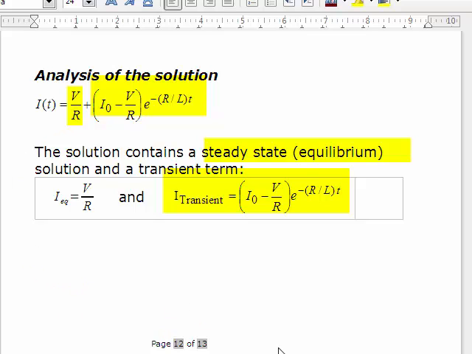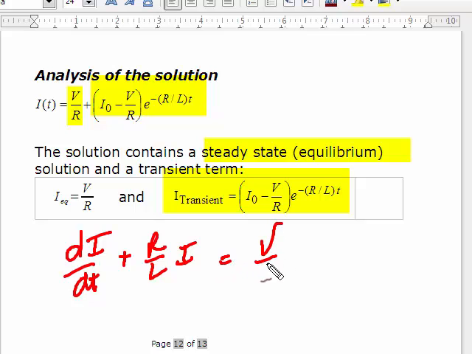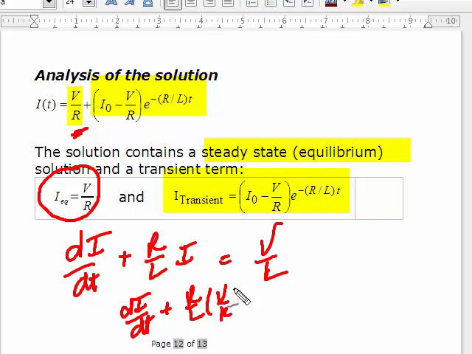Here's the differential equation again. Now if I'm going to use this to show that this is the equilibrium solution, the steady state, I'm going to let the current be V over R. So if the current is V over R, then I have dI by dt plus R over L times V over R equals V over L, which gives me dI by dt equal to 0.